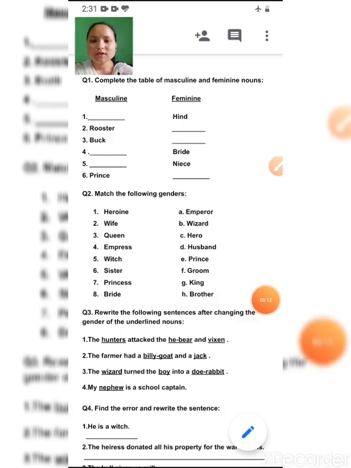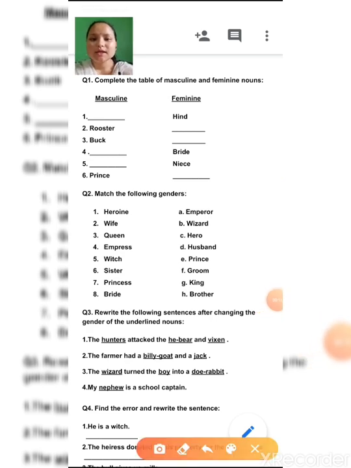Question 1 is complete the table of masculine and feminine nouns. First one, in the feminine you can see hind. Female deer is known as hind, and the male deer is known as stag, S-T-A-G, stag.